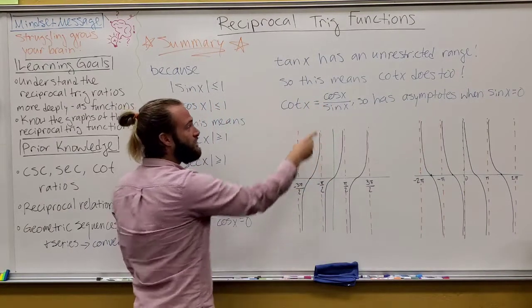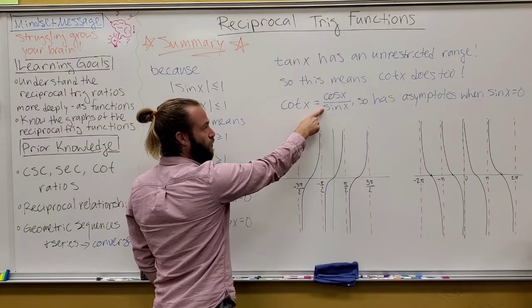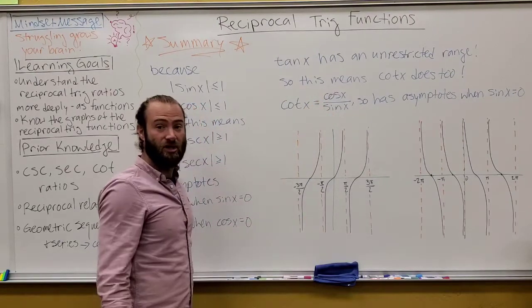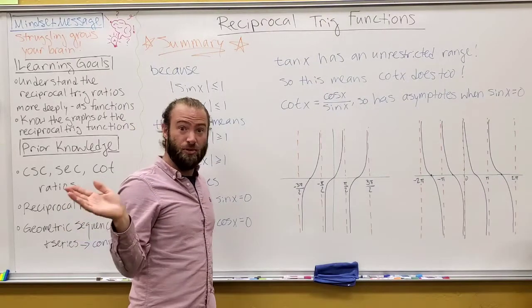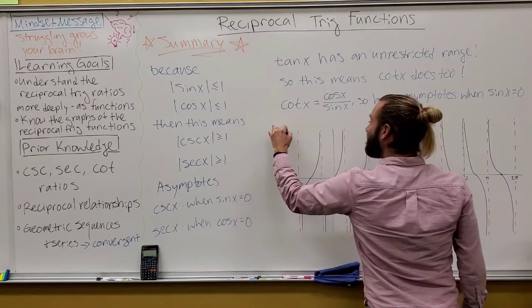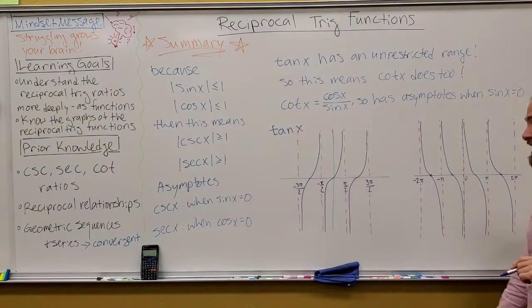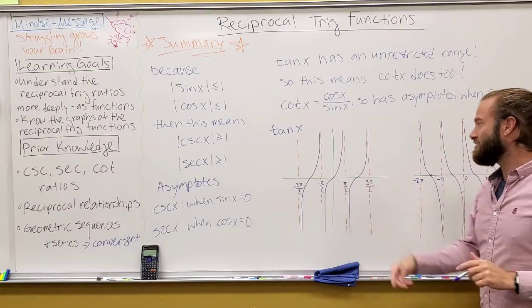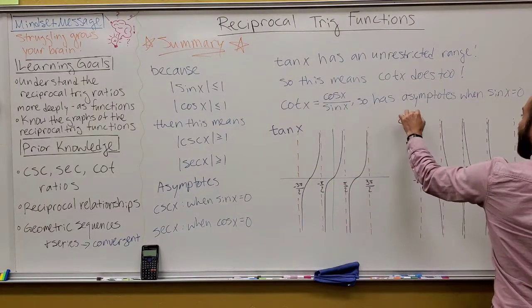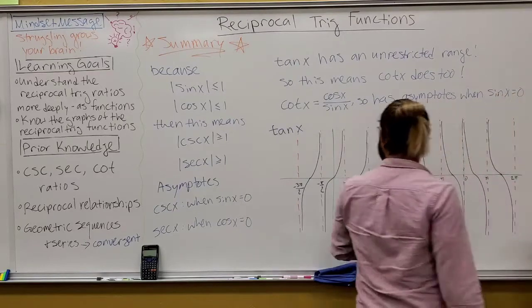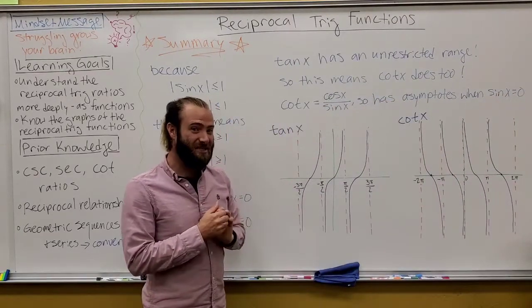So instead of when cosine x equals 0, cotangent asymptotes will happen when sine x equals 0, and that happens at multiples of pi. So let's actually compare the two. This is the graph for y equals tangent x, and this is familiar to us. And there's where its asymptotes are and all that business. And go ahead and take a look at the graph of cotangent x. They look very similar, right?